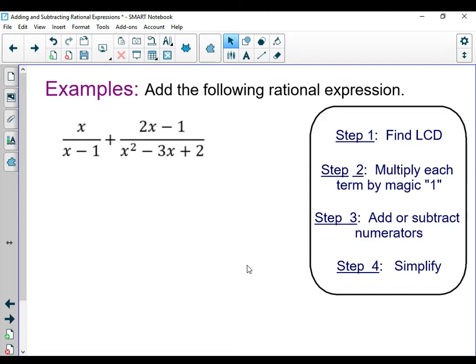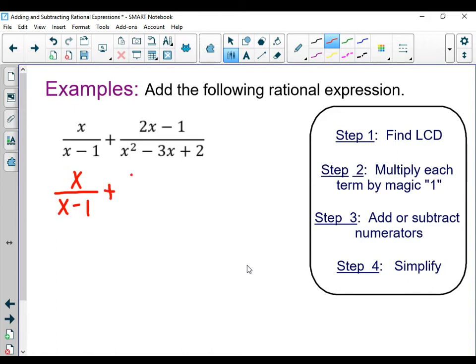Okay, so factors of 2 that give me -3, what are they? -1 and -2.